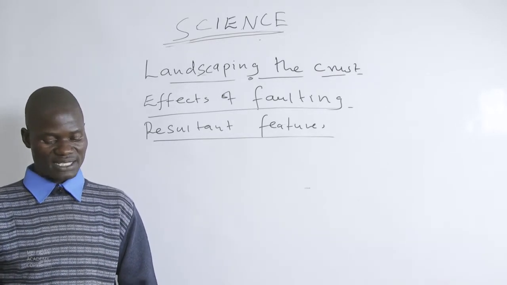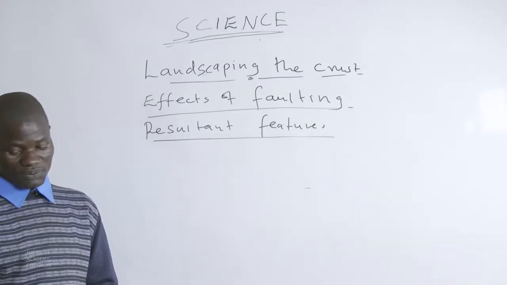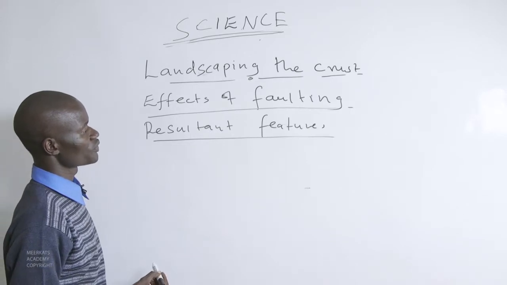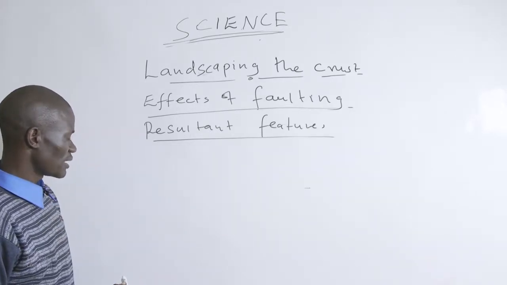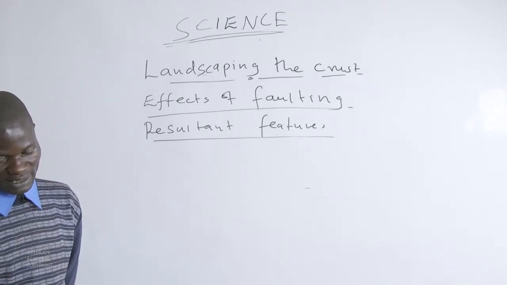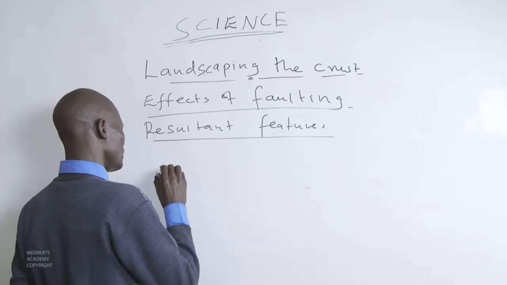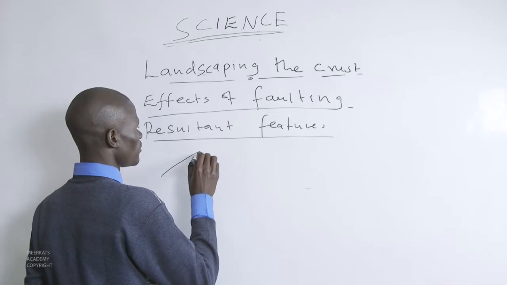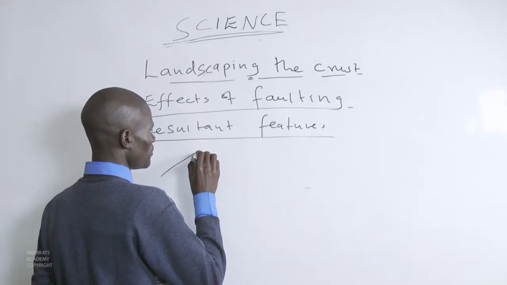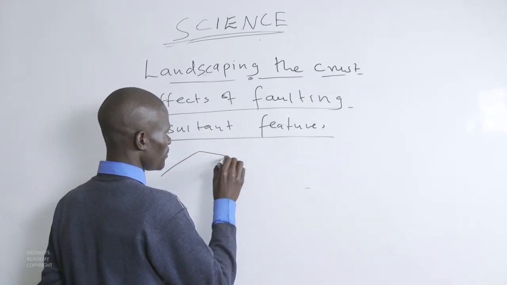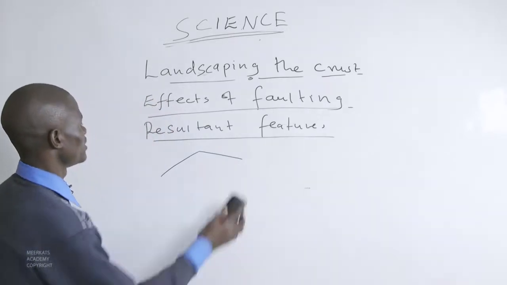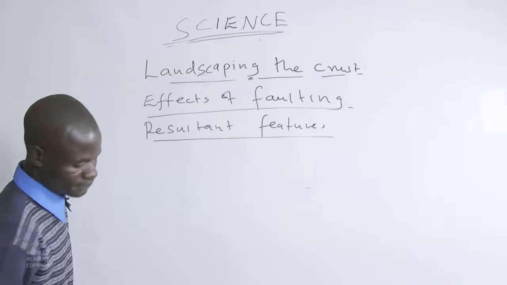And we have various fault scarps, or escarpments, in various regions of the earth. For example, a block may result, it should be an angular form.